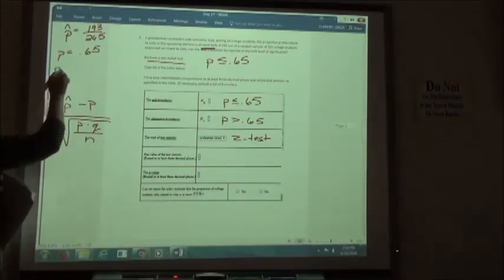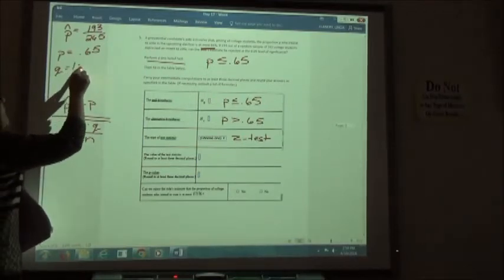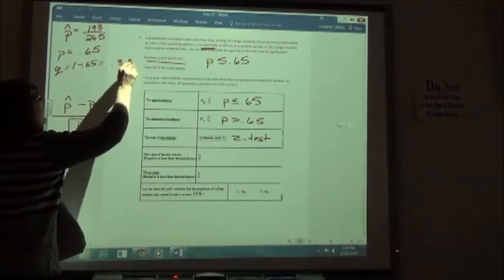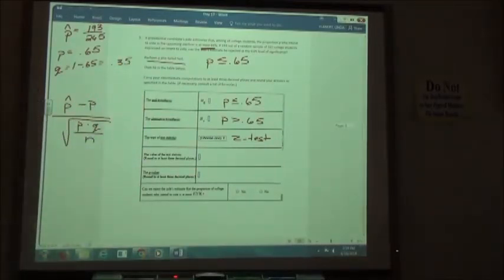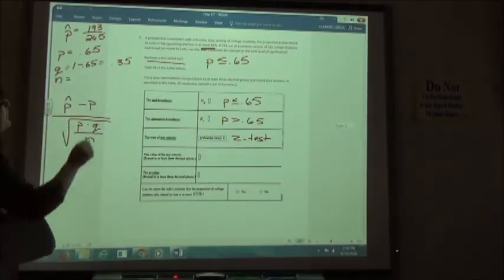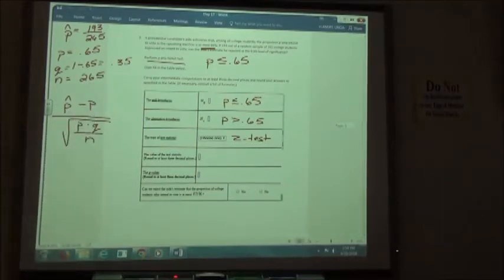Our Q then is 1 minus P. 1 minus 65% would give me 35%, so 0.35 is our Q value. And our N value is 265, right? 265 were sampled.